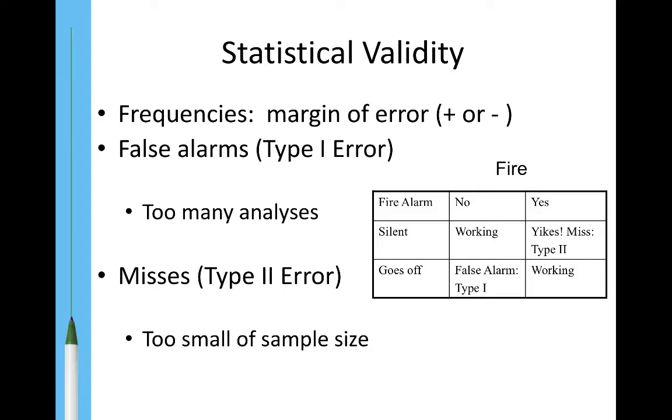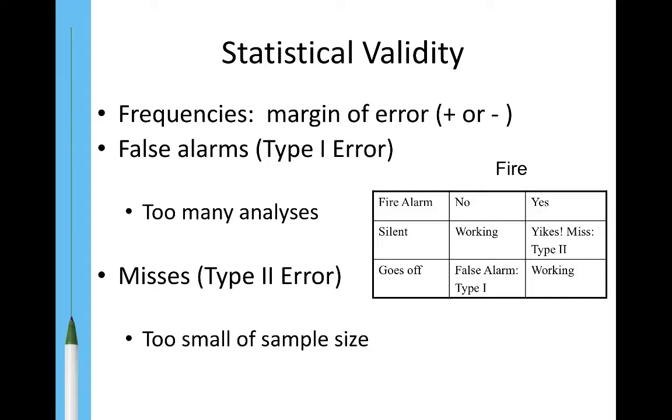So we need to have enough people in our study that if there really is something going on, we will see it. And if you get into statistics, you'll learn how you decide how many people you need.